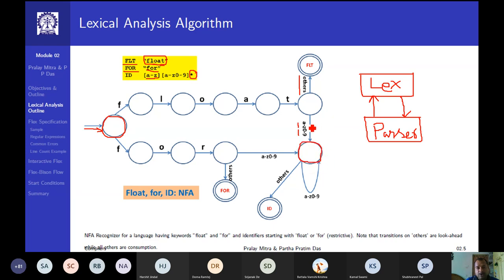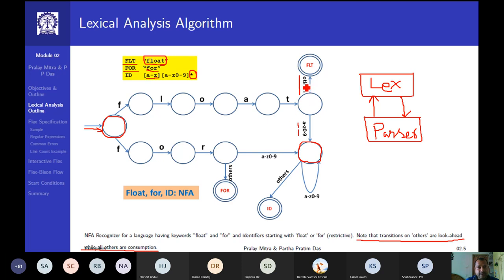But if it is not A to Z and 0 through 9, as you understand, if there is a white space, if there is some other thing, specifically regarding this other thing, I am talking about the look ahead. Note that it is a transition on the look ahead while all others are consumptions.